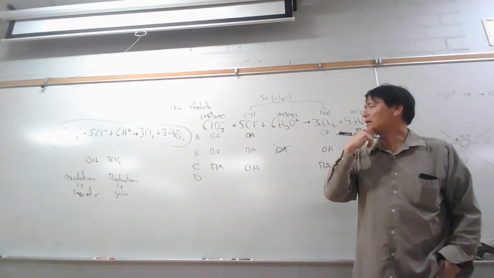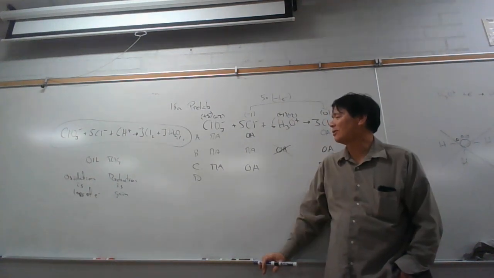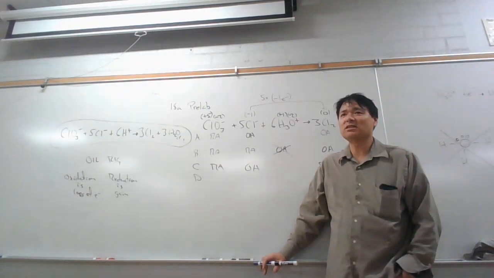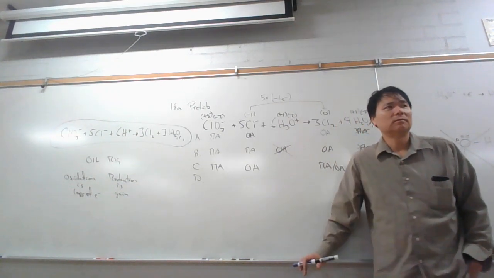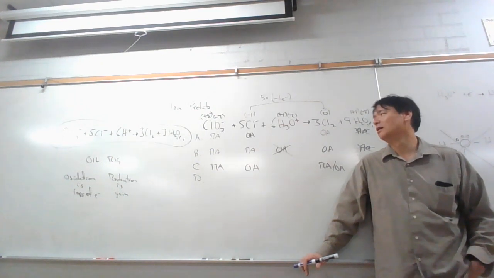Yes, something else is oxidizing chloride. And what do we call that something else that's oxidizing chloride? Do we call it a reducing agent, or do we call it an oxidizing agent? What do you guys think? Well, I hear mixed, so let's settle it. Oxidizing agent? Alex, you call it a reducing agent? Yeah.